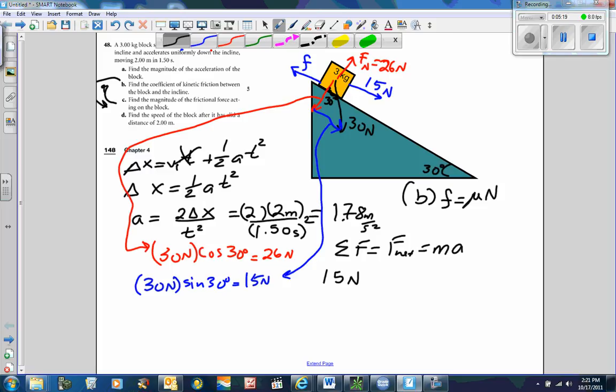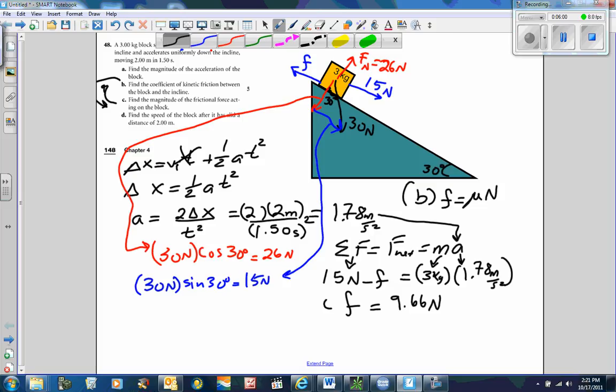So 15 newtons minus friction equals m times a. M is 3 kilograms, and I found A right here, 1.78 meters per second squared. So all I have to do is solve for friction, and I get 9.66 newtons.